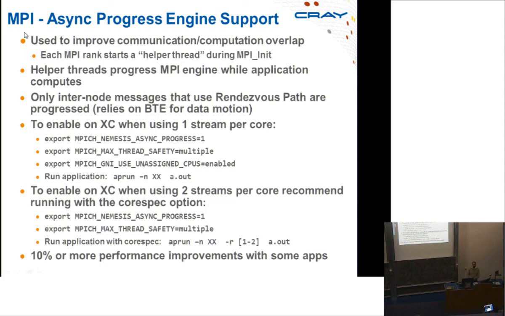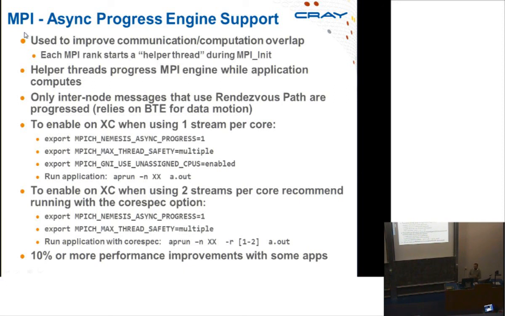By default, the Aries doesn't have any more capabilities to do message matching than Gemini did, so it all has to be done on the CPU. But we can make use of these wonderful hyperthreads that we've left idle because they aren't terribly useful for scientific work, but they are very good for doing integer work at the same time, like message matching. So we start these helper threads, one per rank, which are very lightweight, and automatically the MPI library will assign these hopefully to the hyperthreads.